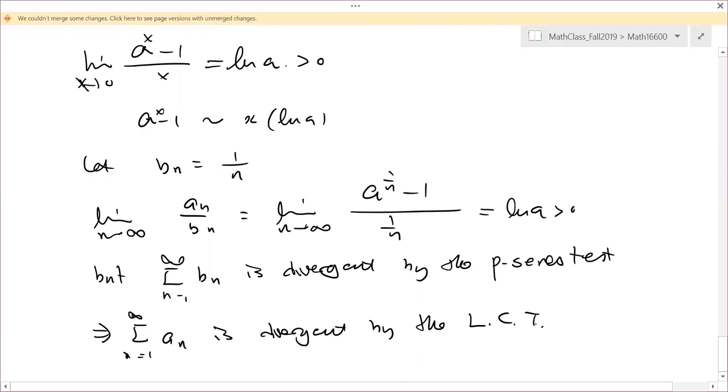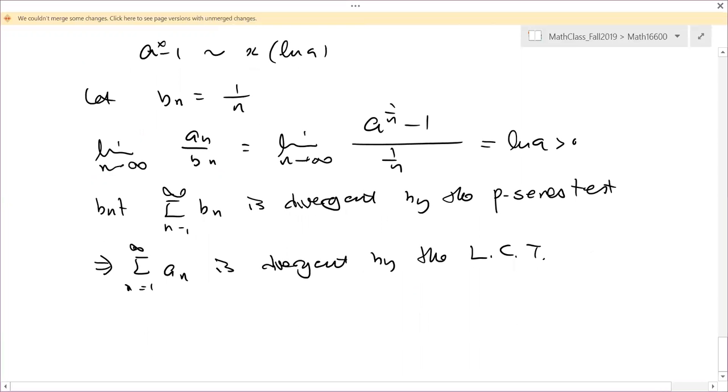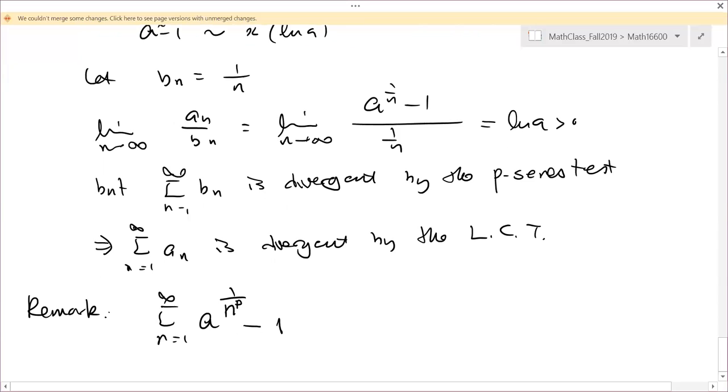Now, if I change the problem a little, if I put another problem on the test, then this is probably convergent. What I want to say is that you can prove this series, a to the 1 over n to the power p minus 1, is convergent if and only if p is greater than 1.